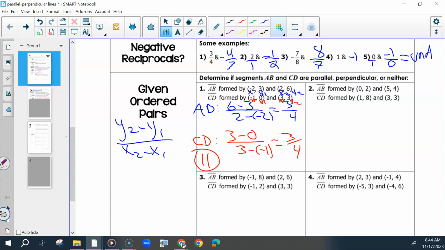Same thing, find your slopes for AB and CD. We have 4 minus 2 over 5 minus 0, which would give us 2 over 5.